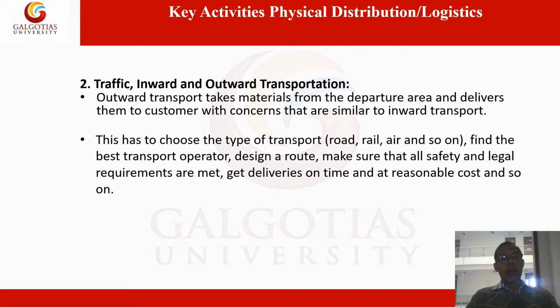One has to choose the type of the transport: rail, road, air, water, sea. Find the best transport operator, design a route, make sure that all safety and legal requirements are met, get the delivery on time and at a reasonable cost, and so on.